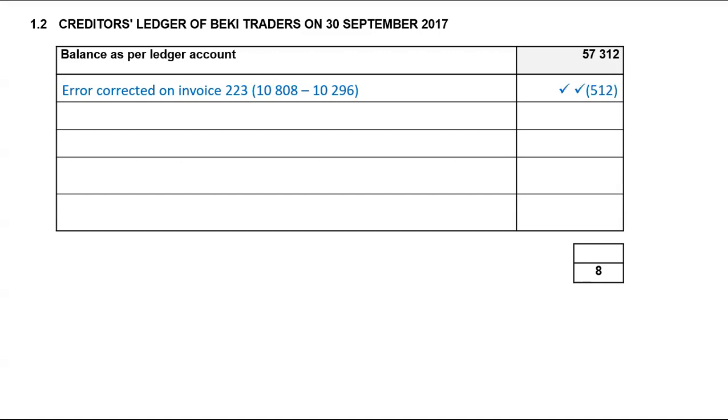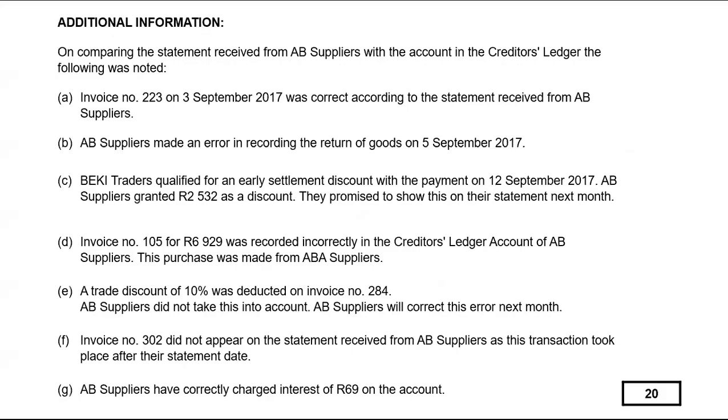Moving right along. B says AB suppliers made an error in recording the return of goods on the 5th of September. So they made an error when they were recording that return of goods. But here's the thing. Already they made an error by recording it as an invoice.